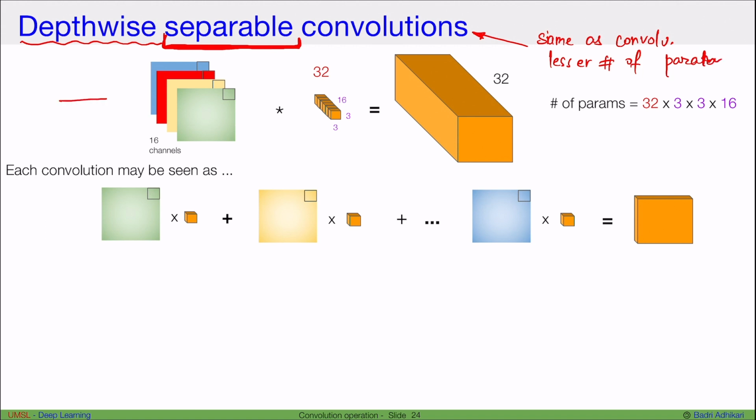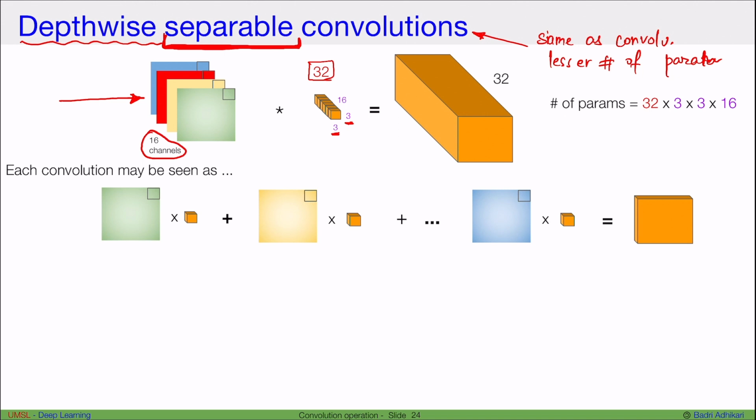Imagine you have an input image that looks like this and say it has 16 channels. Whatever dimensions we have, it doesn't matter for our discussion here. But let's say we have 16 channels. And then say I'm applying 32 3x3 filters.